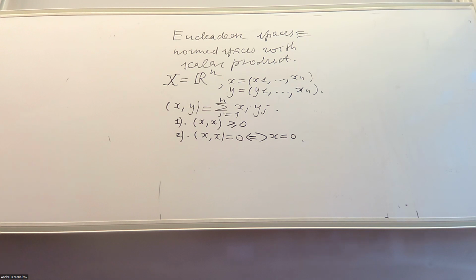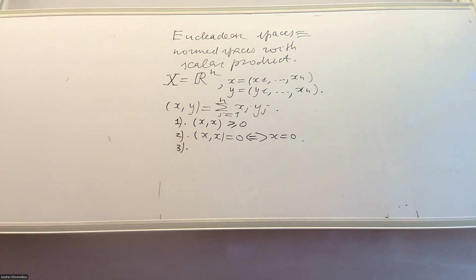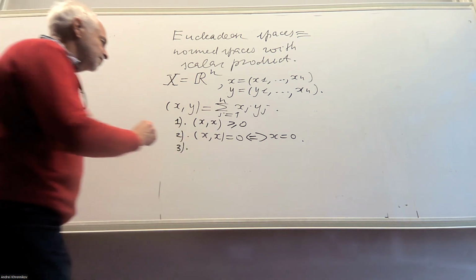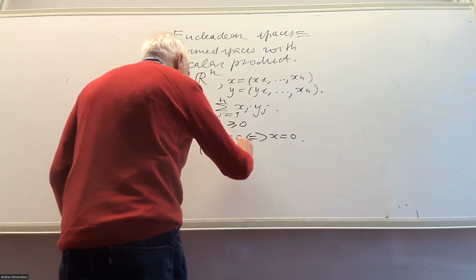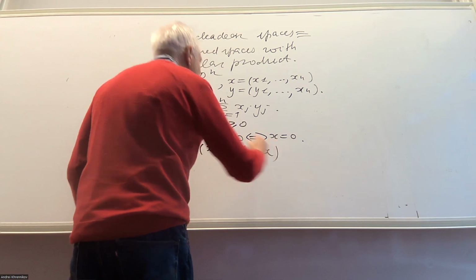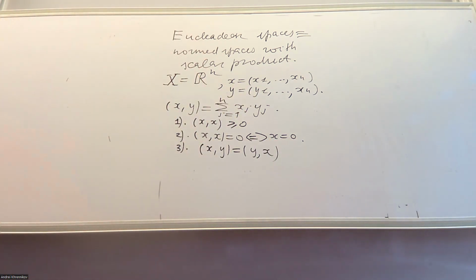So these are similar properties to those we had for distance and norm. Third, it is linear with respect to both arguments. Or first, let us write that it is symmetric: (x,y) is equal to (y,x). So if we swap the coordinates, the answer is the same. So the scalar product is symmetric.